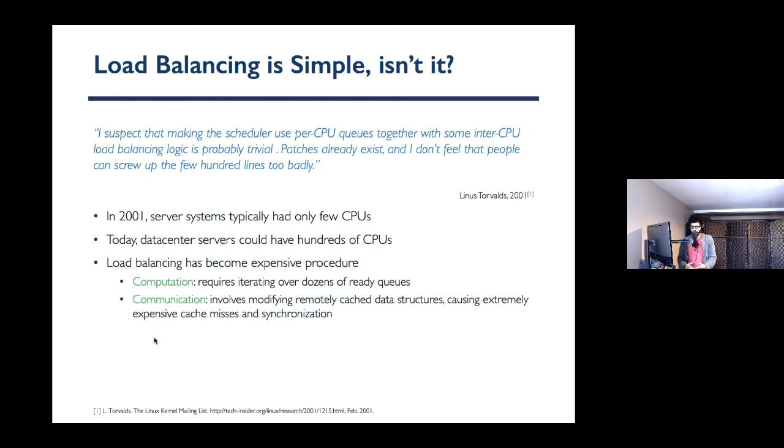The reality of it is, because of all the other stuff that we have done for performance of our multiprocessors, particularly with the notion of caches and the memory hierarchy and the non-uniform memory accesses, load balancing has become an expensive process just to migrate tasks between your CPUs and make your system a load balanced system.